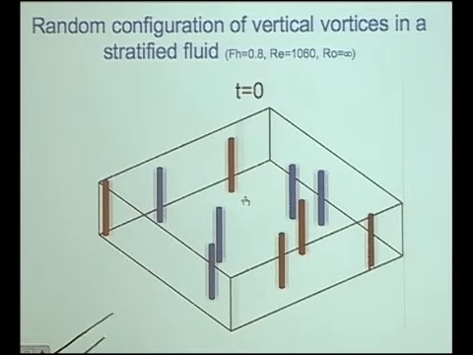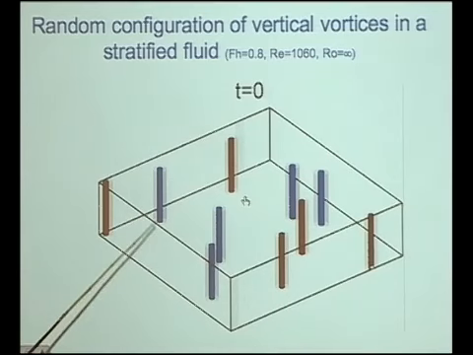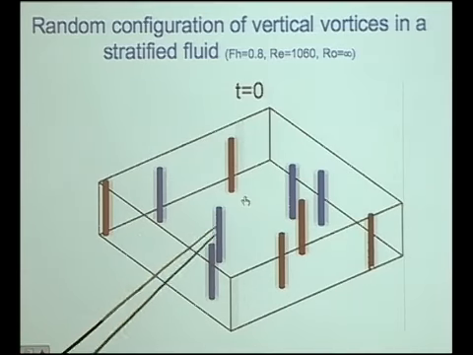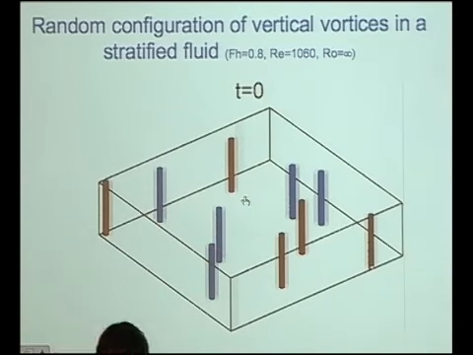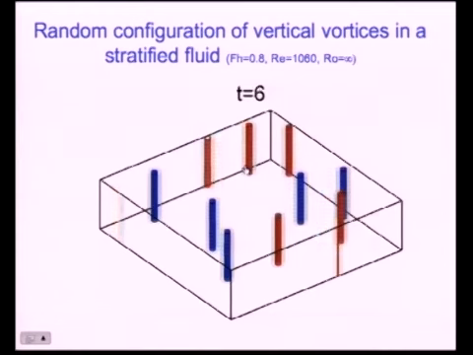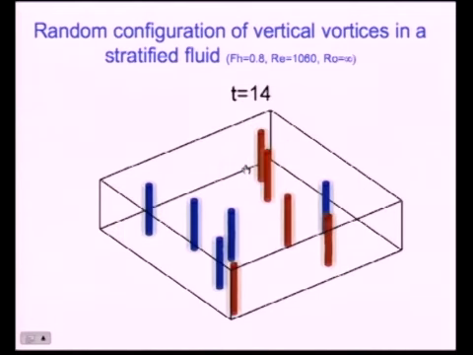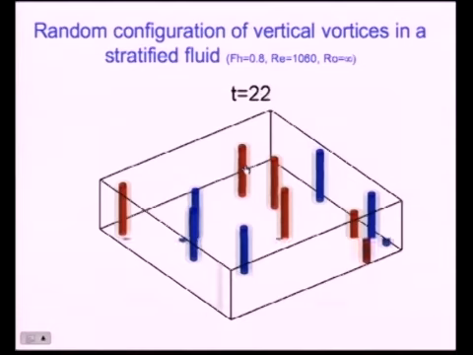So this shows that the zigzag instability in most cases is generic and dominant. To prove this further, here are some simulations of a random distribution of vortices. We have 10 vortices, 5 positive and 5 negative.